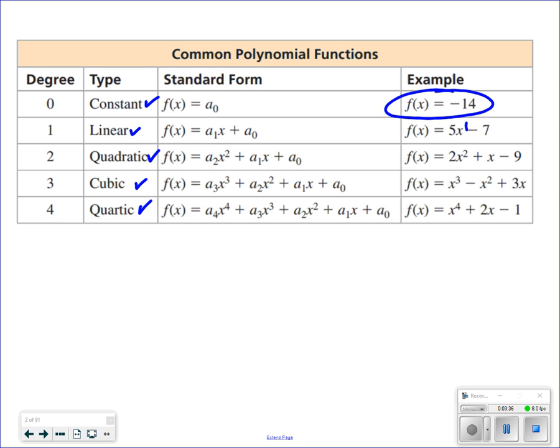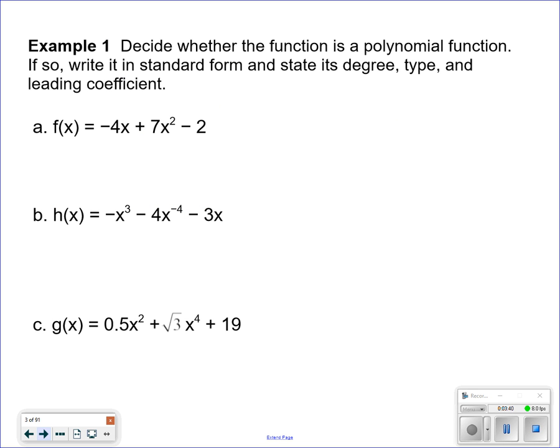So if I was going to classify these polynomials, decide whether the function is a polynomial or not. If so, put it in standard form, state the degree, the type, and the lead coefficient. So lots of questions here. I am looking at the exponents, and I see x to the first, x to the second, and x to the 0. So this is a polynomial. Write it in descending order, meaning the highest degree comes first, the next highest comes second, and so on.